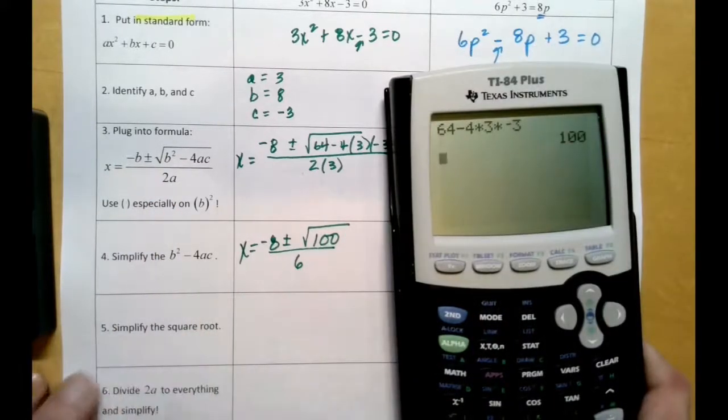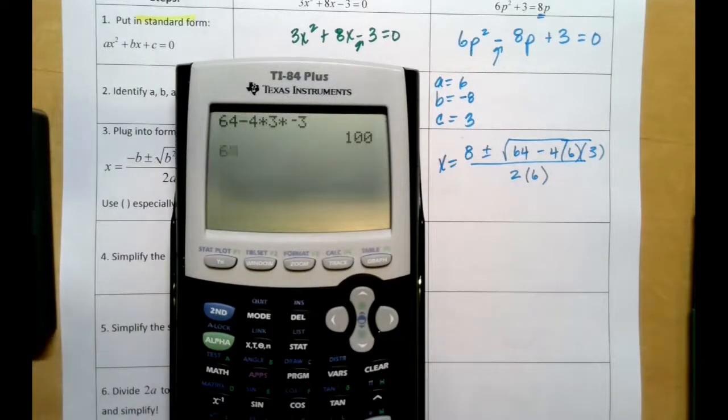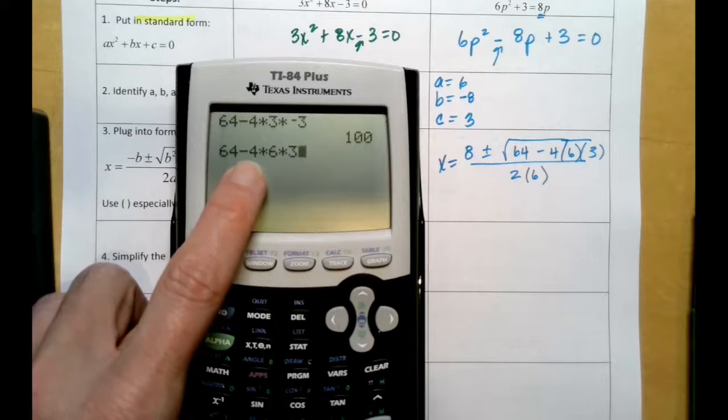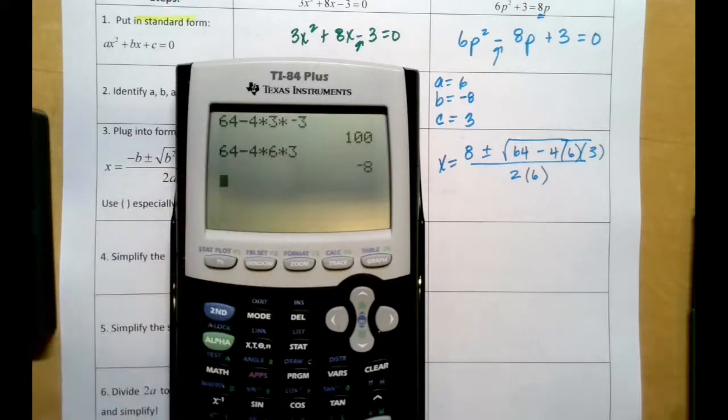We good there? All right, let's do this side. We're going to say b squared minus 4 times a times c. It's going to give me negative 8. Uh-oh.